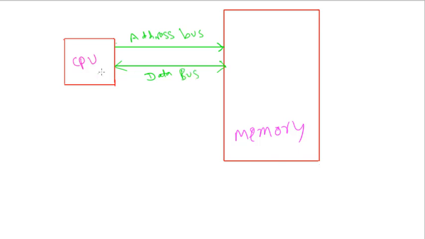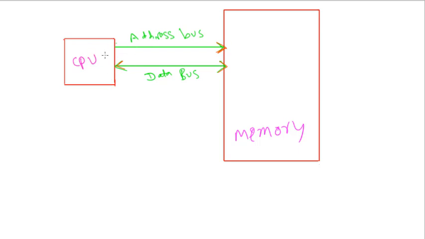Either it goes from CPU to memory in case of write, and it goes from memory to CPU in case of read. If you notice, the address bus is unidirectional, but my data bus is bidirectional. Why? Because data can flow either from CPU to memory or memory to CPU, but memory cannot give an address to the CPU.